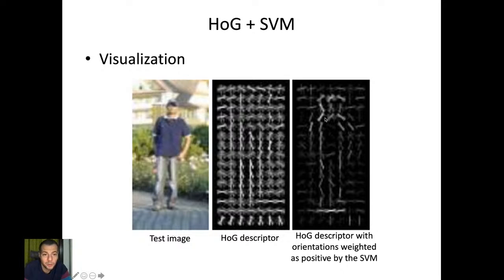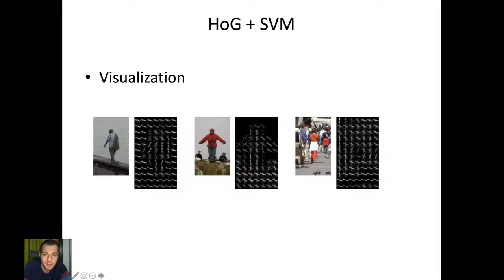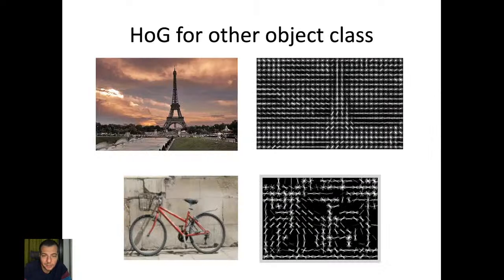So for people, you obtain this representation of a person, and the same happens for various people and other objects like the Eiffel Tower, bicycles, and so on.